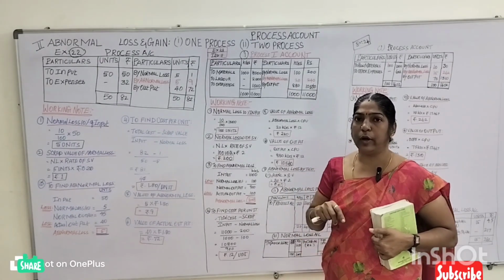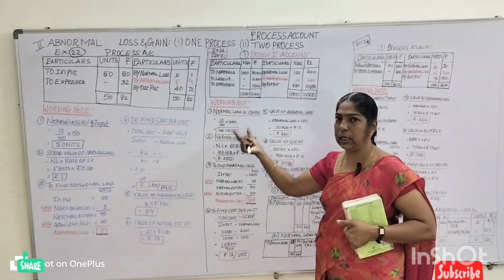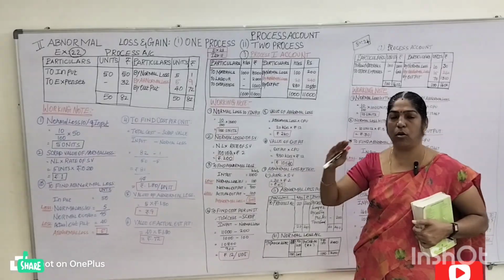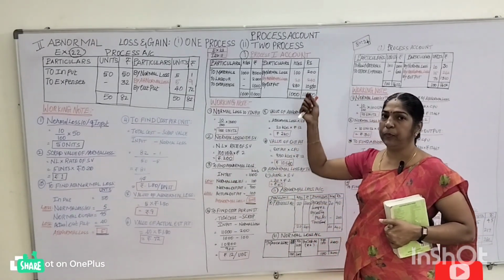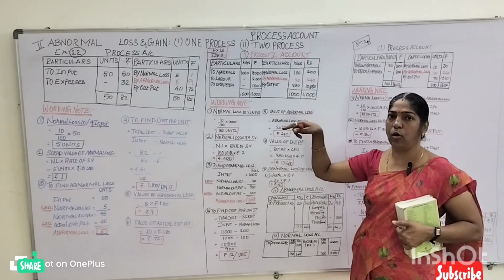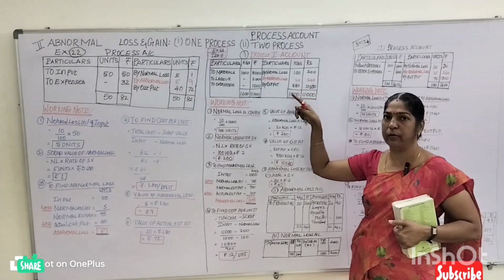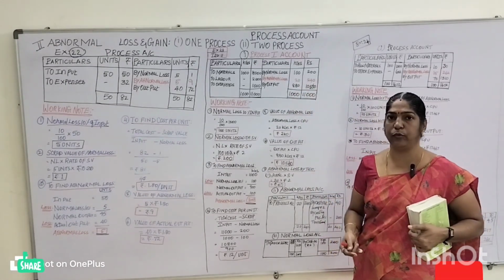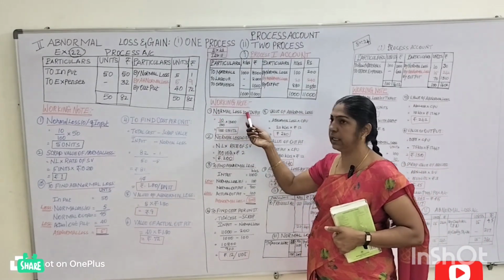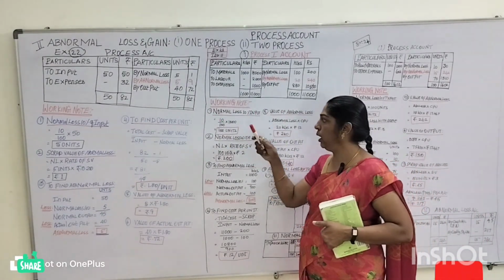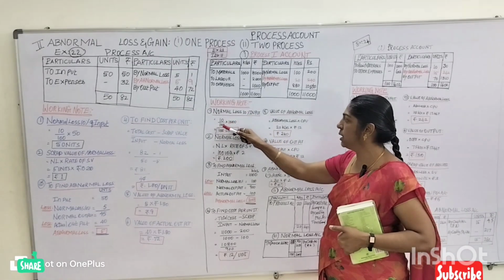Okay, how can you find it out? Through working notes only you are going to find it out. We have lots of steps here, to find out the normal loss, abnormal loss, output values, abnormal values and the scrap value of the normal loss. Okay, let's see, first to find out the normal loss, 10% of input. So normal loss 10% means 10 by 100.